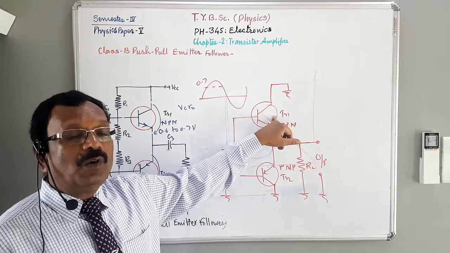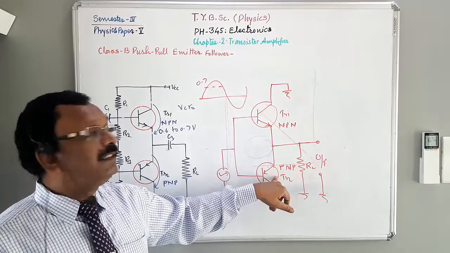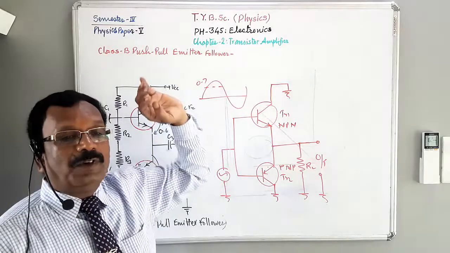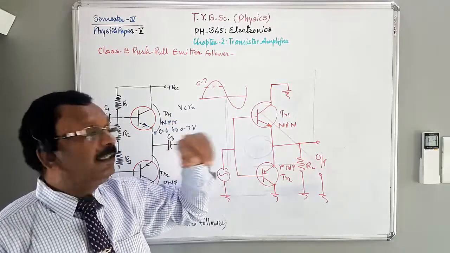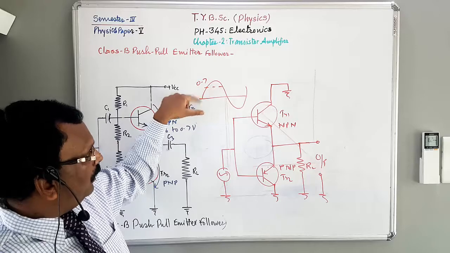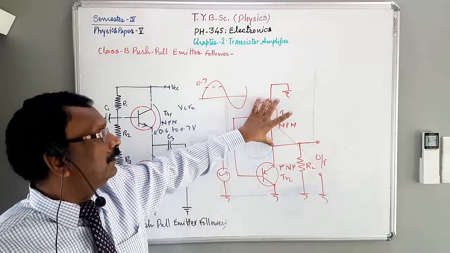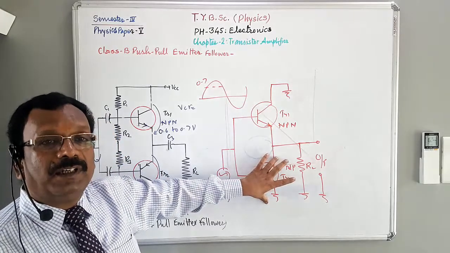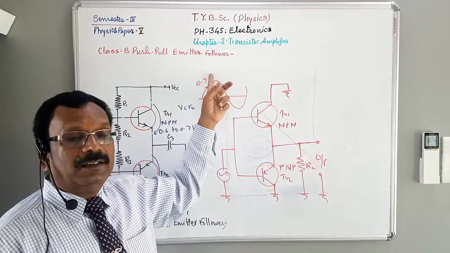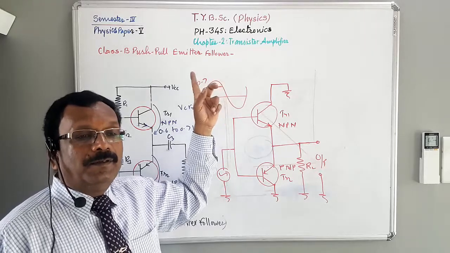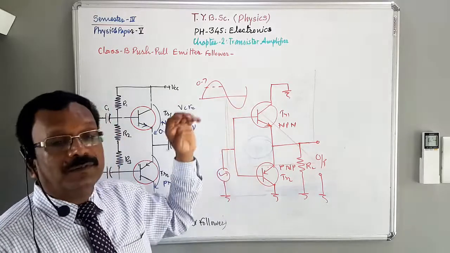Similarly, no current flows through TR2 until the input reaches more negative than 0.7 volt. At that time one is saturated and the other is off.